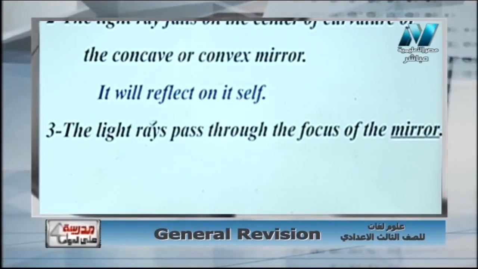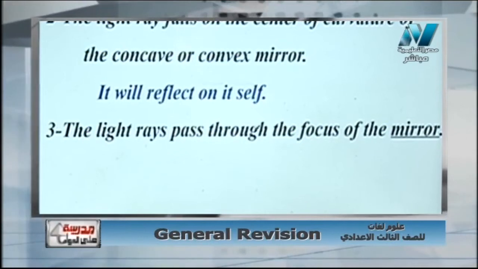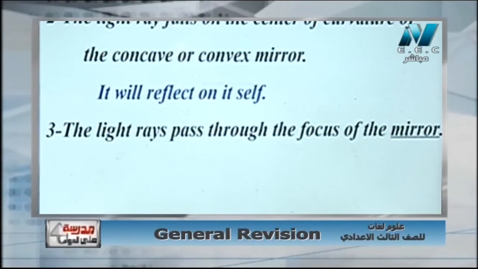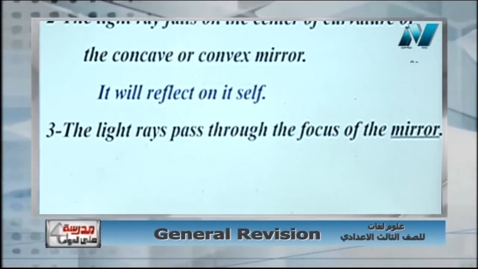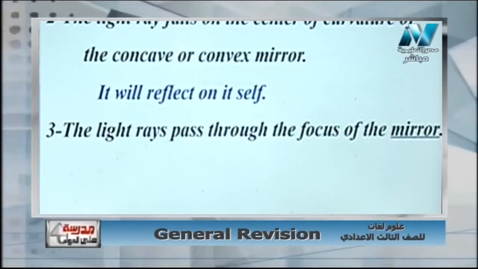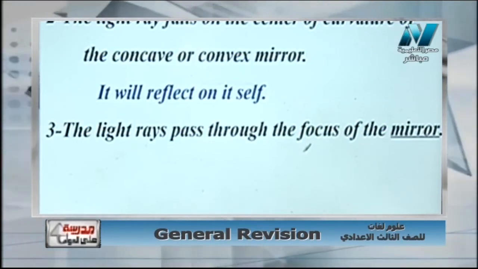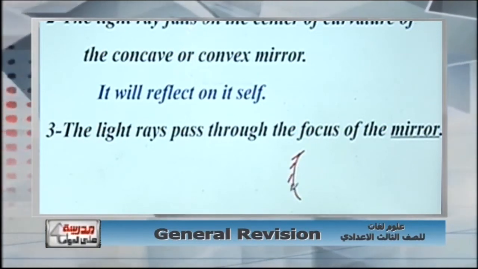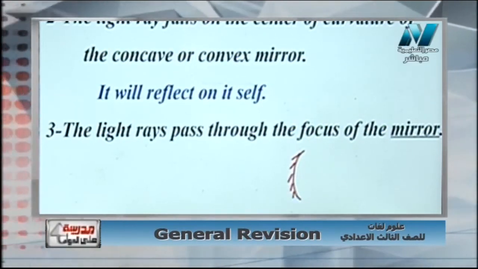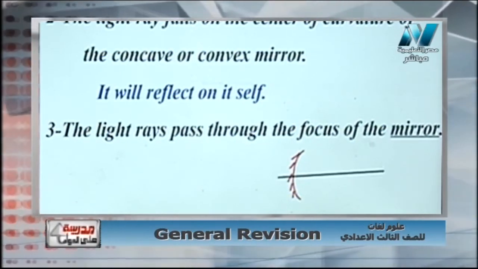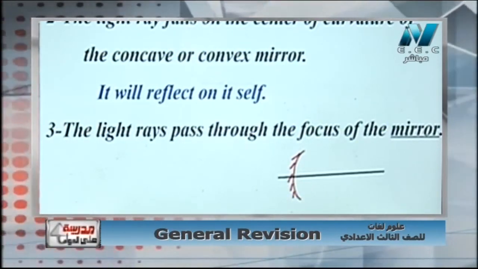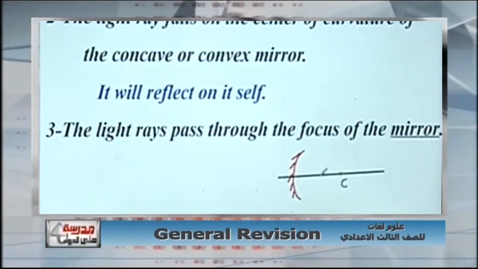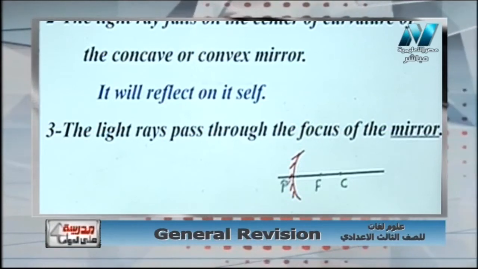Number 3, the light ray passes through the focus of the mirror. What happens? Pay attention, we have the focus of the concave mirror. Here we have the principal axis, here we have focus, center of curvature, focus, and the pole of the mirror.